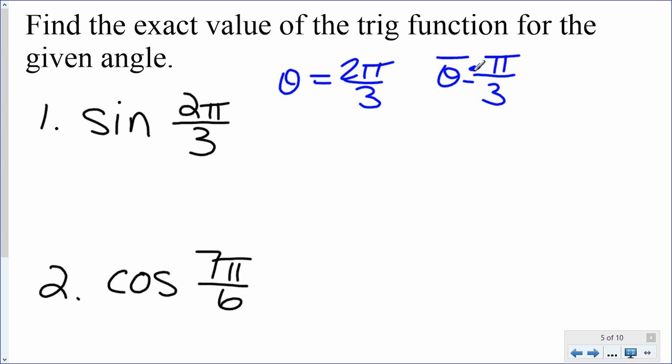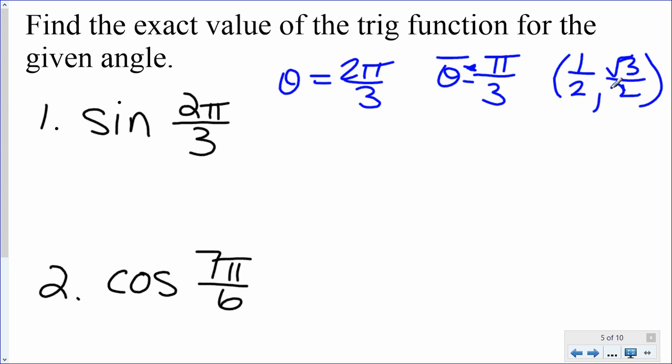If you can, again, just remember quadrant 1 on your unit circle, you have to think, what is the ordered pair at pi over 3 on the unit circle? Well, that's 1/2, square root of 3 over 2.